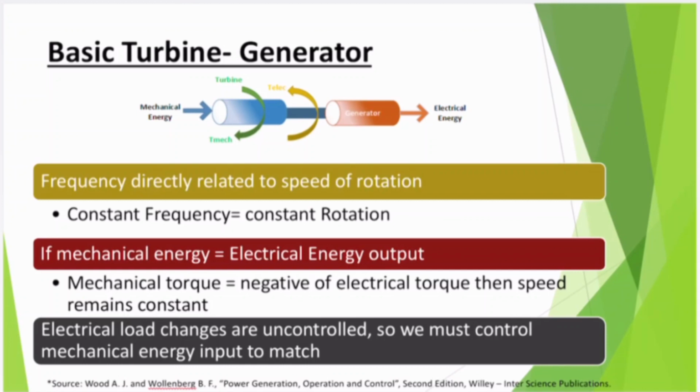Okay. Electrical load changes are uncontrolled because we consumers behave differently. So no one can control the load to a particular value. The load has to oscillate every second, every millisecond. So they are uncontrollable, and we must control the mechanical energy input to match. Very interesting.